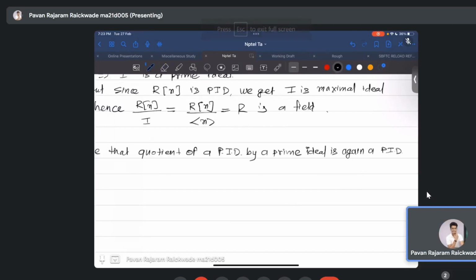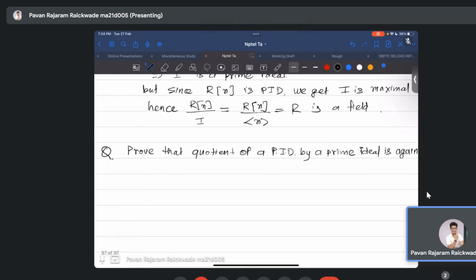Yeah, so what do you have to prove? The quotient of a PID by a prime ideal is again a PID. Okay. Proof.